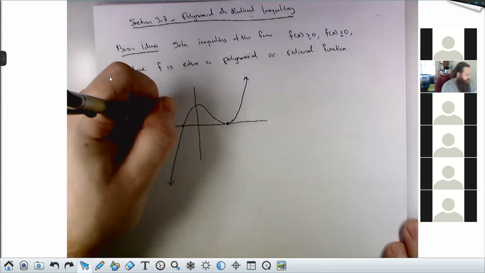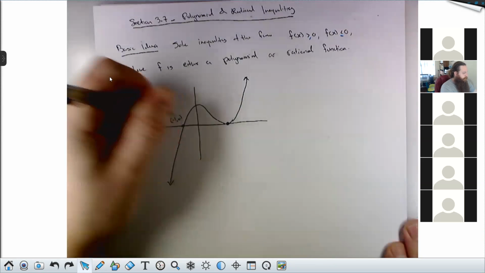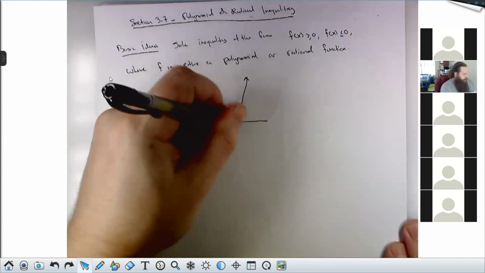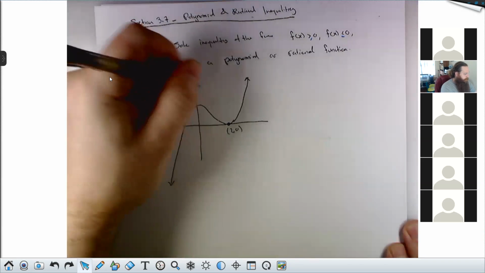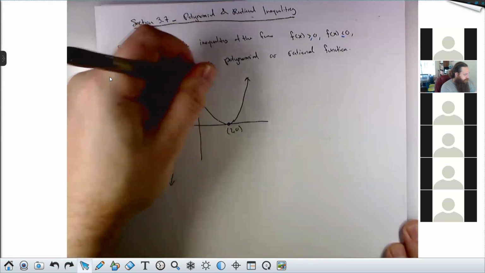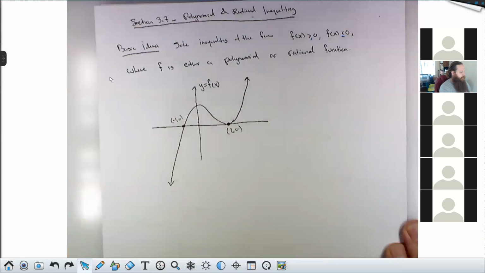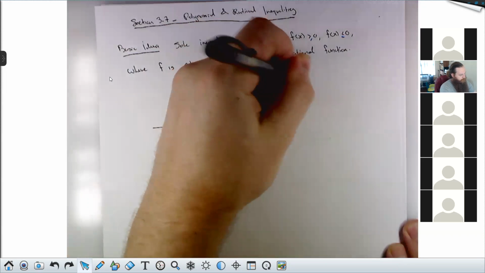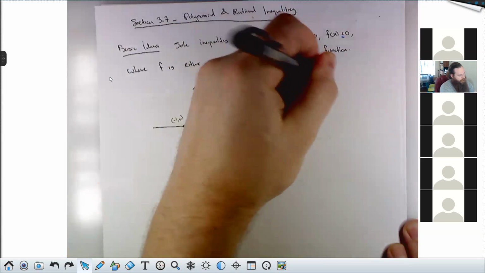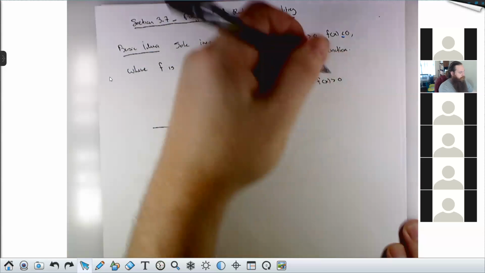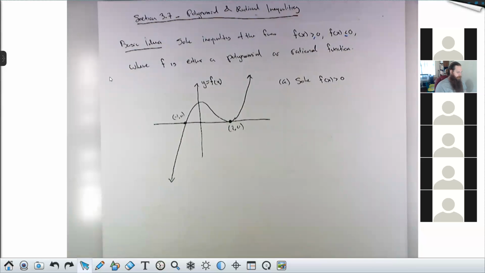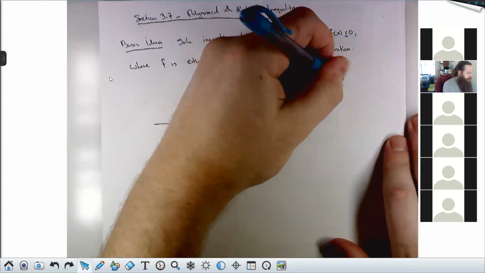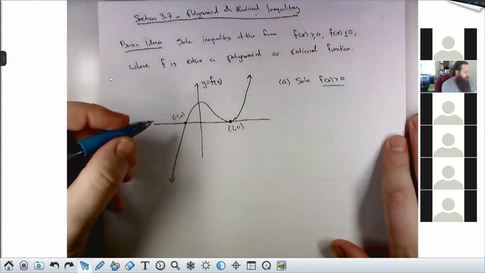So let's say this is the point -1, 0, and this is the point 2, 0, and this is the graph y equals f of x. The solution to f of x is strictly greater than 0: here I'm looking for places where my function's graph is above the x-axis.